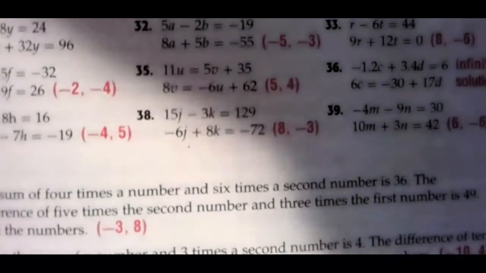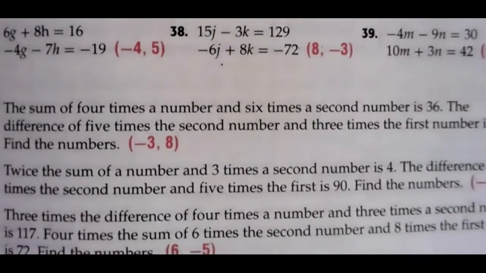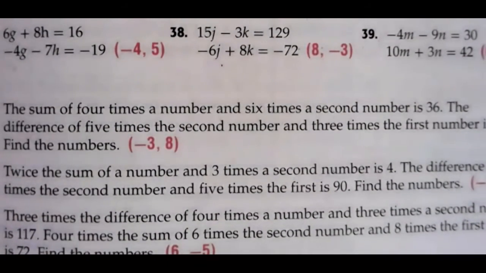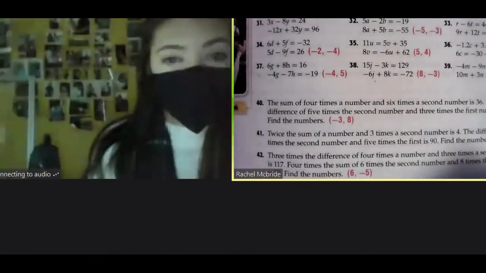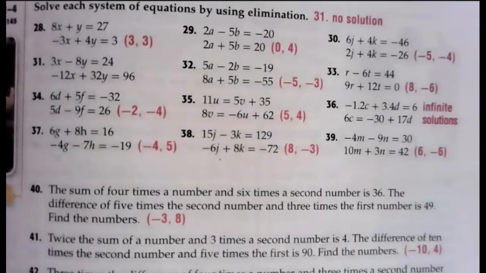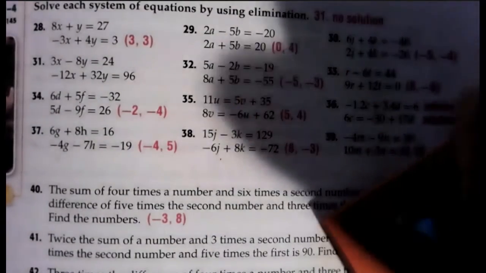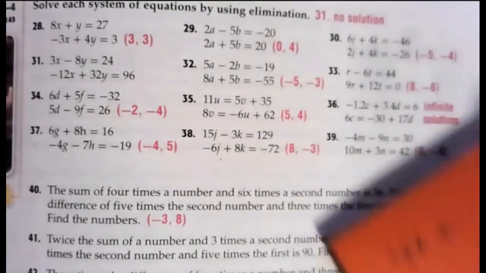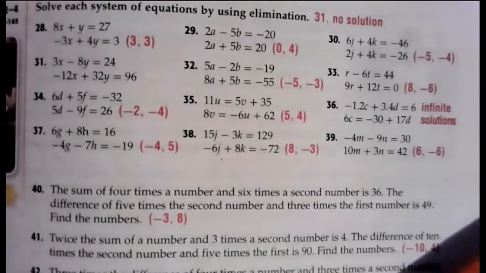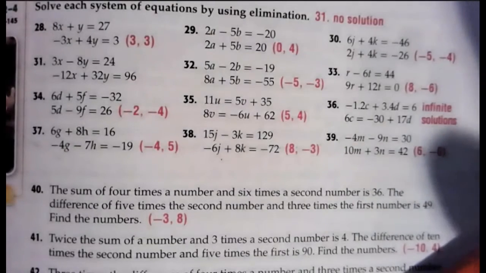And then 40, it says the sum of 4 times a number and 6 times another number. Looking down at that word problem, you would use 4x plus 6y equals 36.